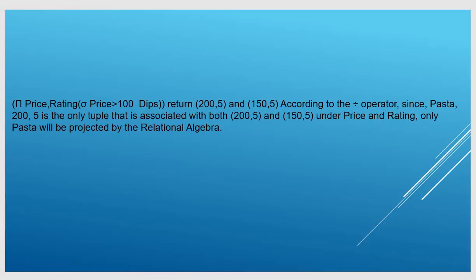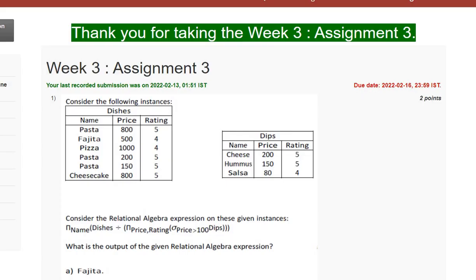So the output will be: first, it will select the prices which are greater than 100 in the dips, and then the price and rating will be projected, which will return 205 and 150 and 5. According to the division operation, only those tuples of dishes will be returned which are associated with all the tuples of the given relation.